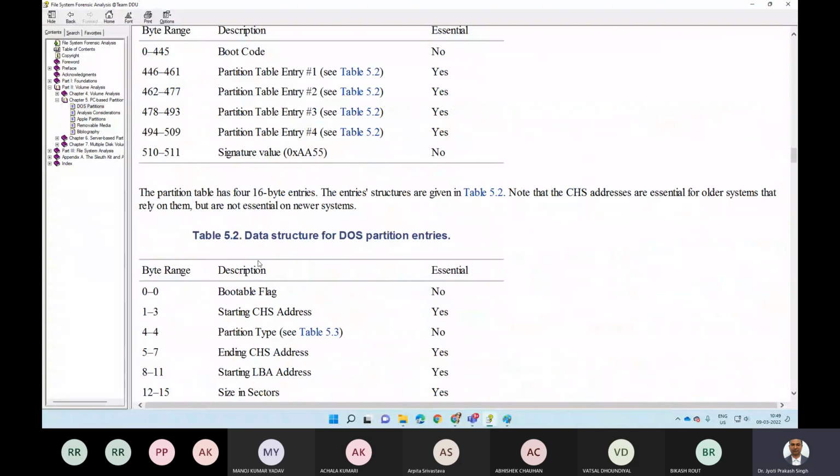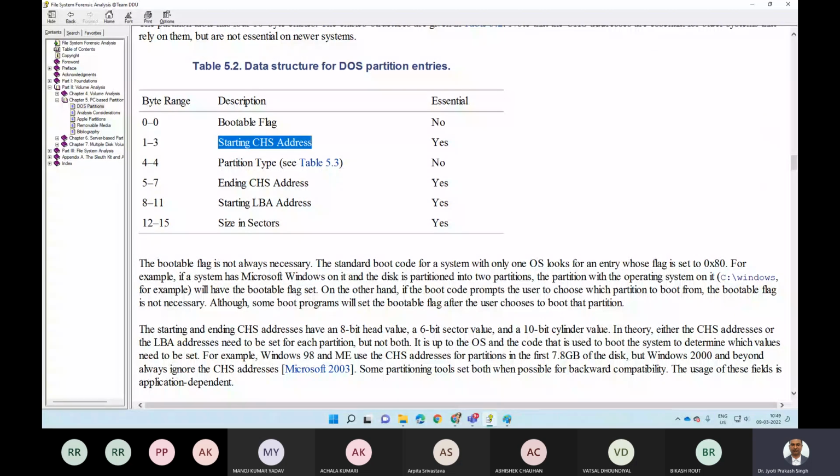The starting CHS address will be 3 bytes, and then the partition type, which is 1 byte. We'll see it shortly. The ending CHS address will again be 3 bytes. And then the starting LBA address, which has to be larger, so we have 8, 9, 10, 11, so 4 bytes. And then the size in sectors, which again is 4 bytes for addressing the sectors.